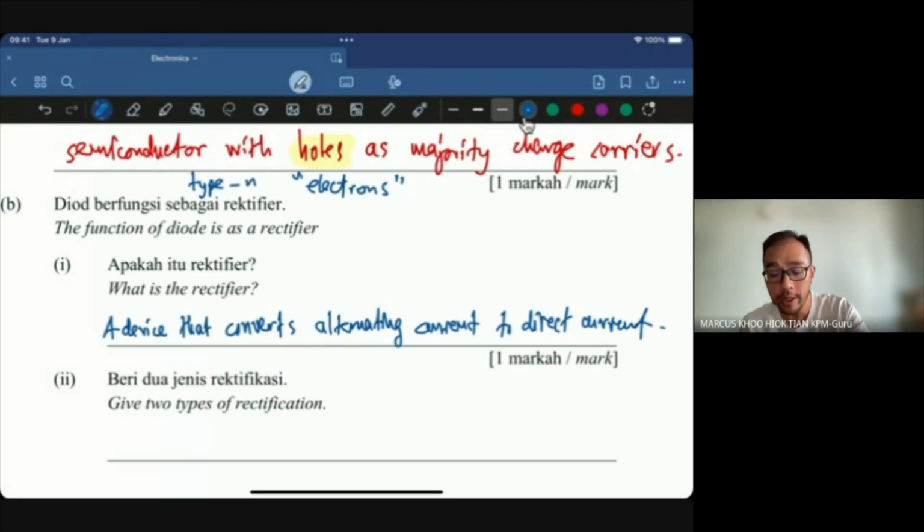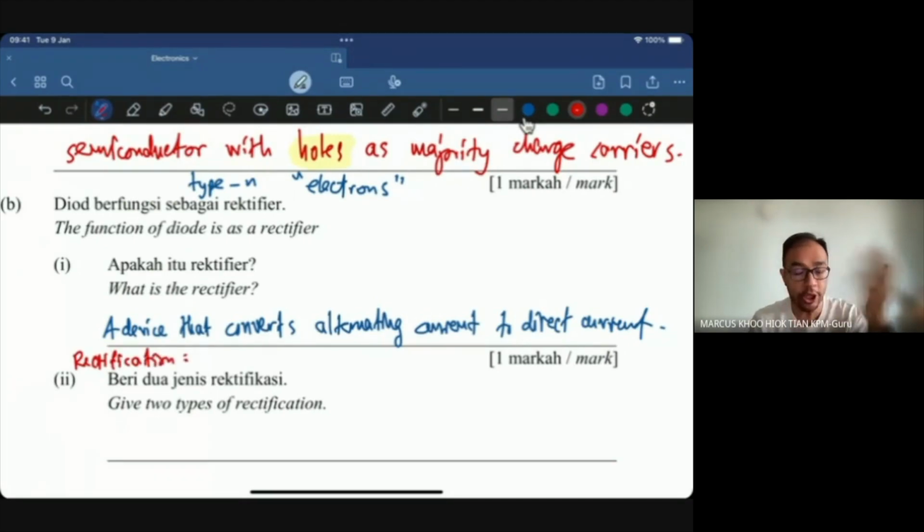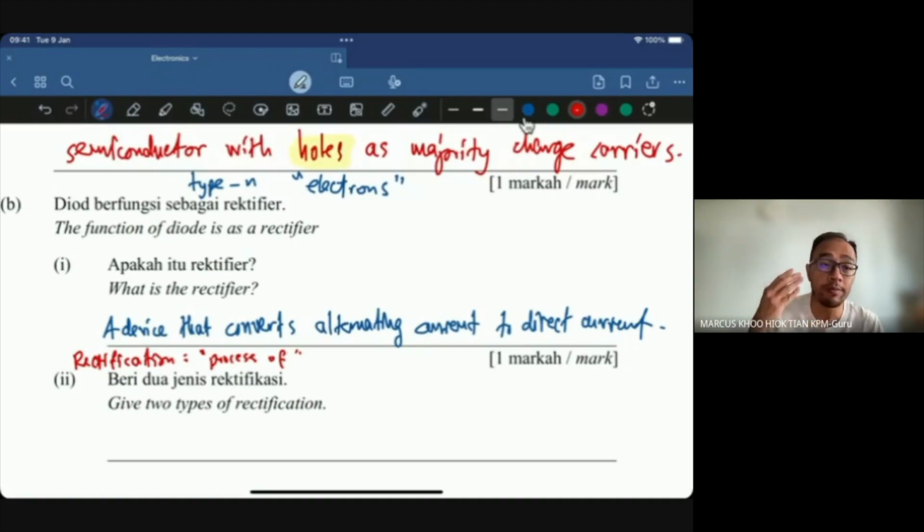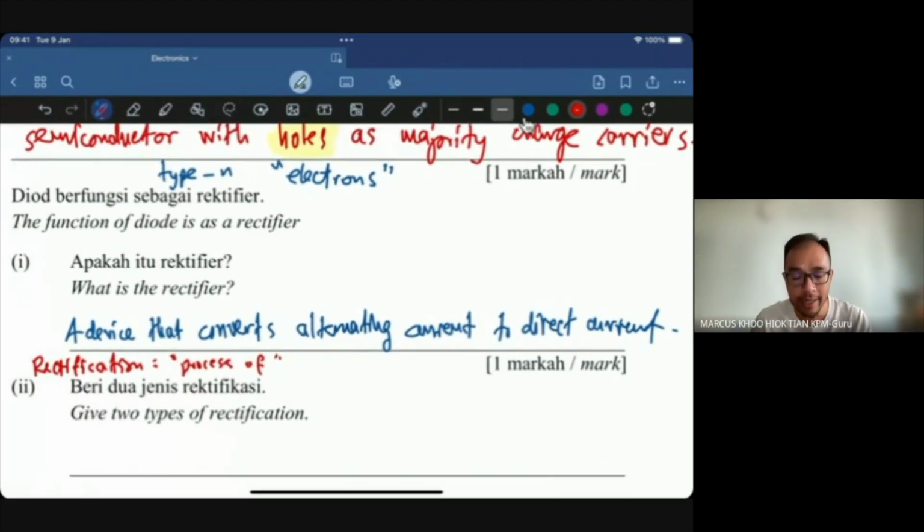If the question asks for what is rectification, just change the word device to process. Rectification is a process of converting alternating current to direct current. It's a very small difference, I know. But the main important idea is the conversion of alternating current to direct current.